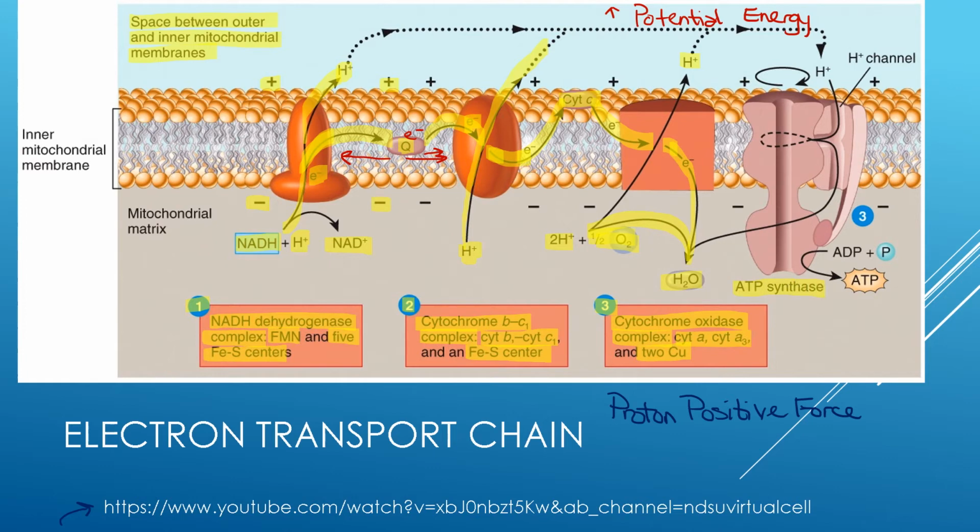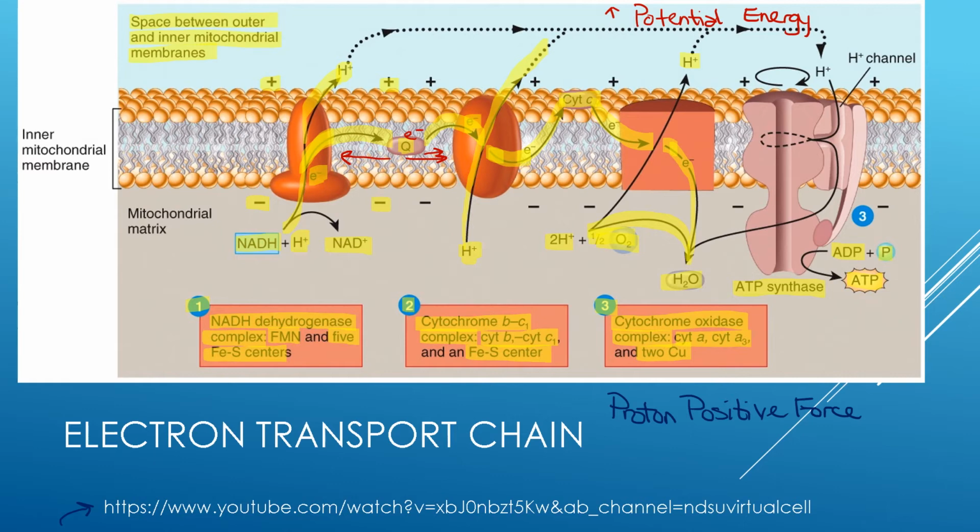Now this enzyme uses that proton motive force to synthesize ATP from ADP and a phosphate molecule. Now the process of chemiosmosis is responsible for most of the ATP produced during cellular respiration.